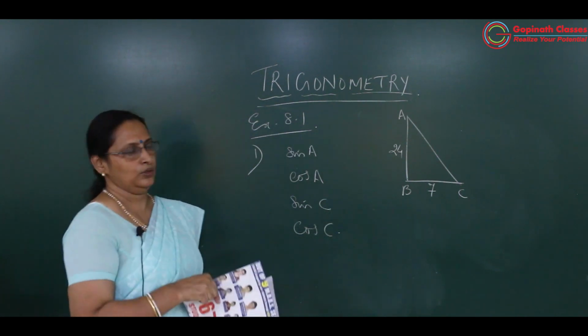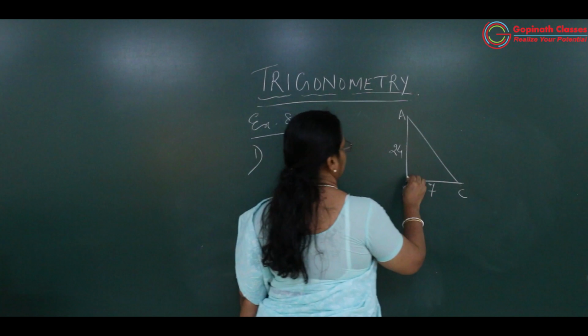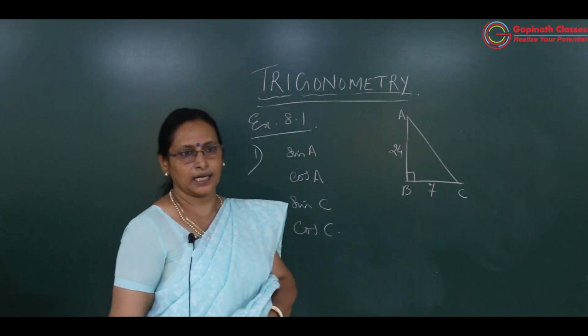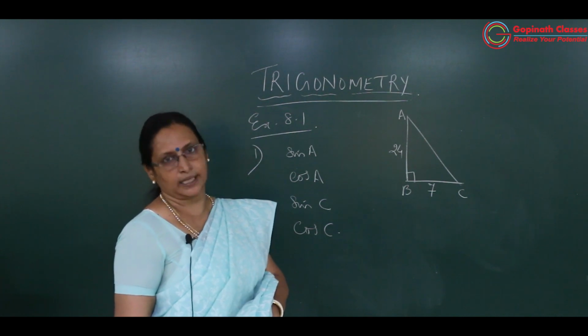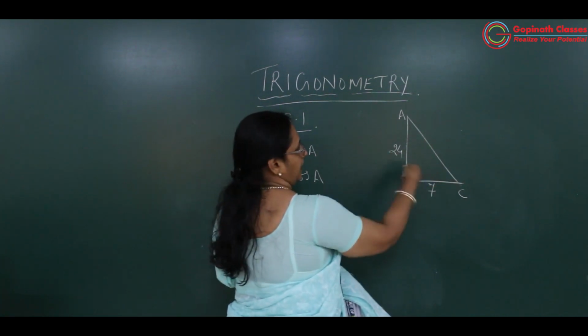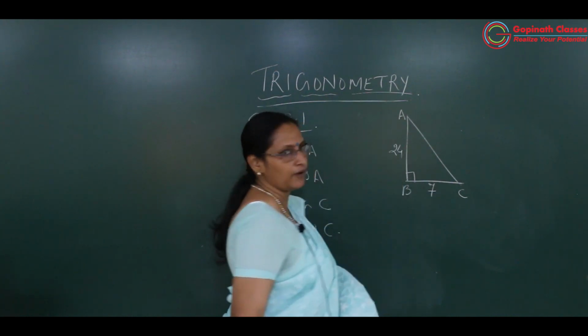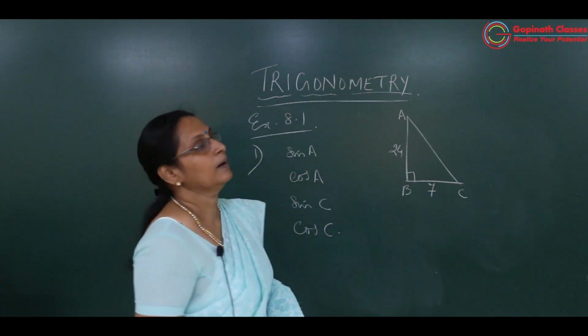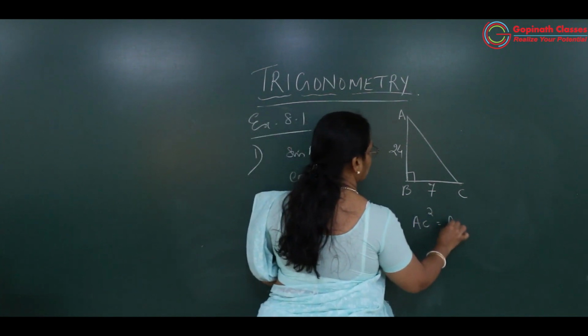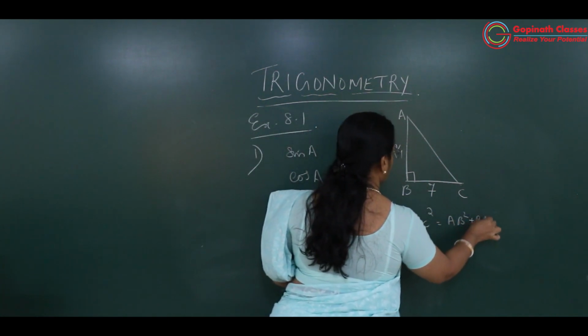Okay. Now, everybody from small class we have learned Pythagoras Theorem. In a right angle triangle, if we know two sides, we can find out the third side. So we know this side base and altitude. So we can easily find out the hypotenuse by using Pythagoras Theorem. So AC square is equal to AB square plus BC square.